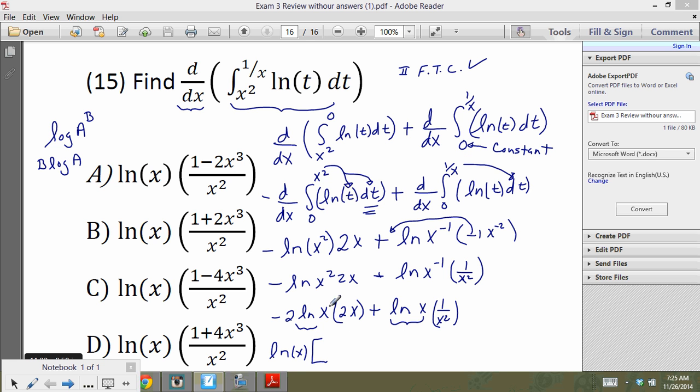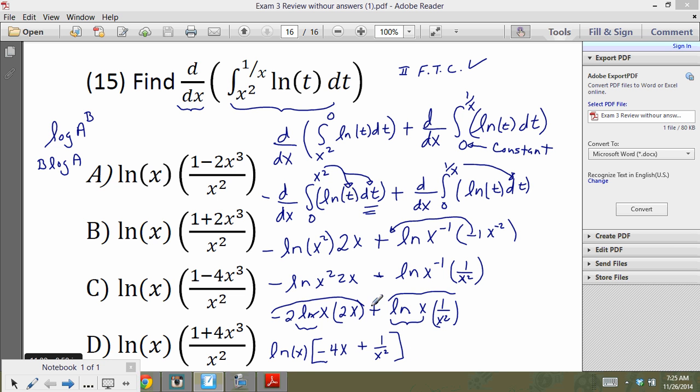And when you factor out the natural log of x out of this piece right here, you're going to be left with what? Negative 4x. Right? And then when you factor the natural log of x out of here, you're going to have plus 1 over x squared. And we're almost there.